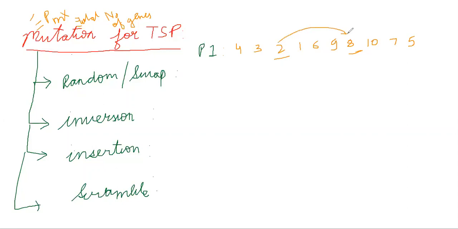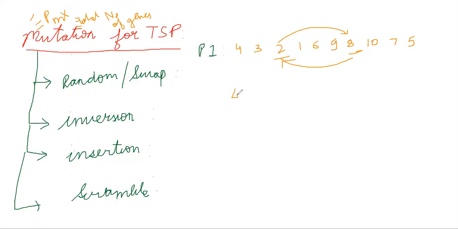This is the example when the number of mutated elements is required to be 1. So if one element has to be mutated, I simply select two positions randomly and interchange them.